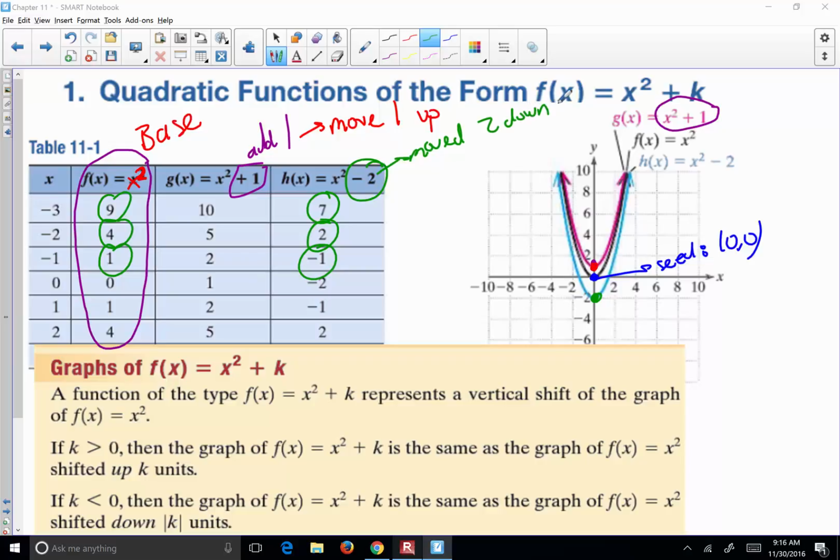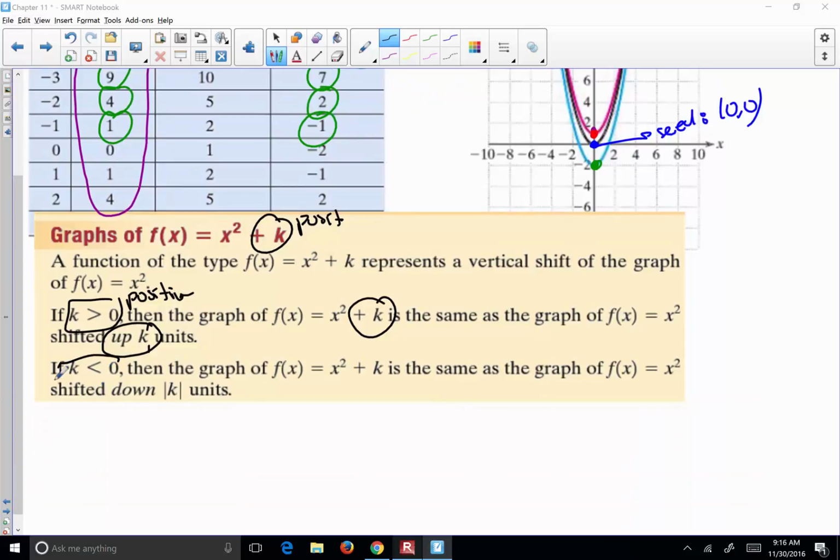You just discovered the rule. When somebody adds a number to the end of x squared, your base function moves up as much as that number if that number is positive. If you see a positive number, it moves up as much as that.